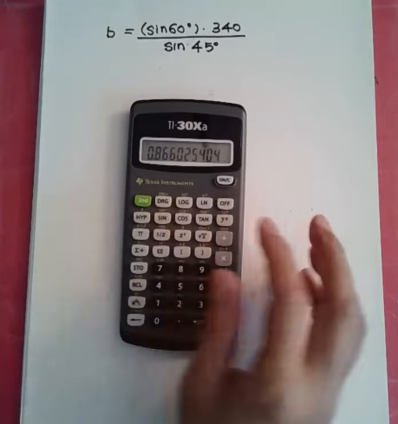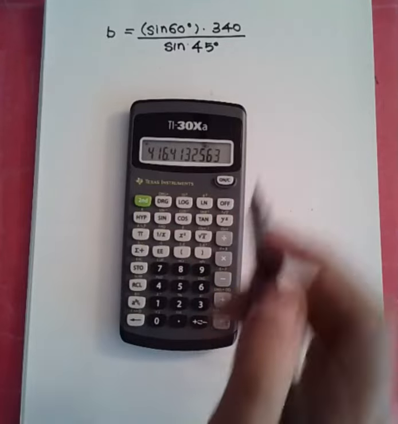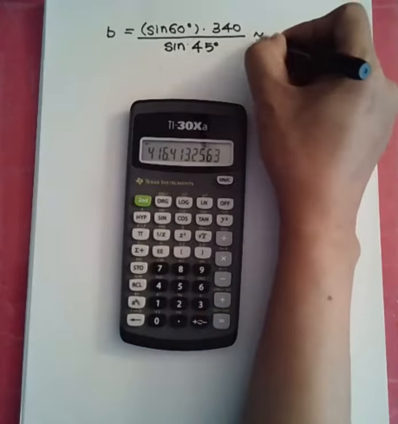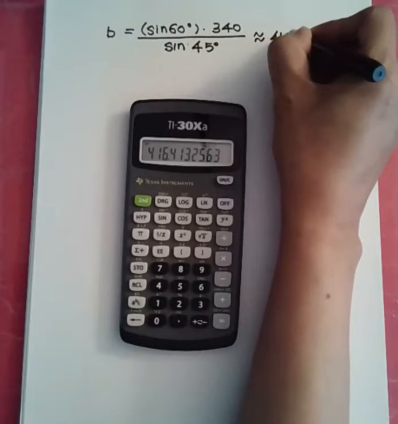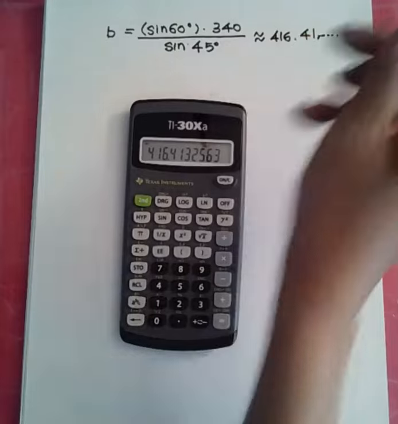Then we have to multiply by 340, and then divide by sine of 45 degrees, and that is 416.41 and so on.